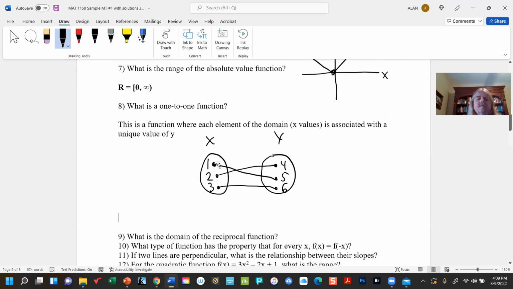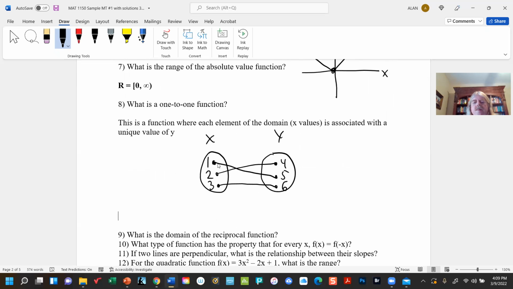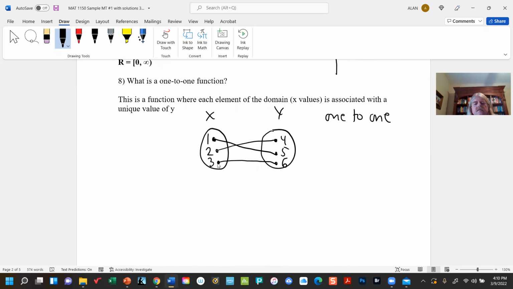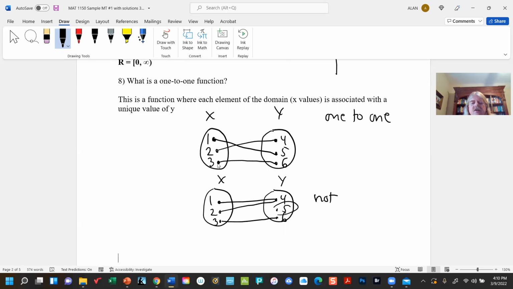So that would be one-to-one. Whereas something like this one is not one-to-one, because the y equals 5 does not have an x associated with it.